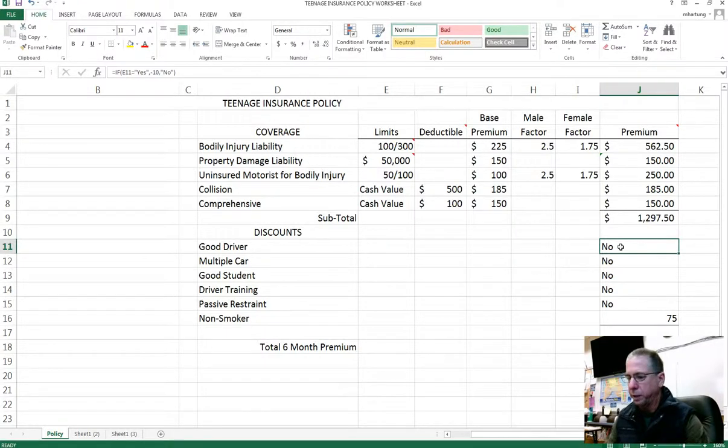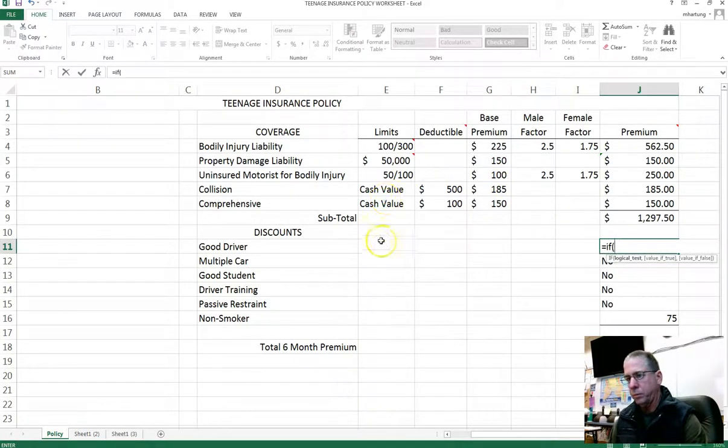So let's go through how you do that. Equal sign, equals if, the contents of this, if E11 is equal to, and remember we got to put text in quotes, what do we want to have happen if that statement is true?